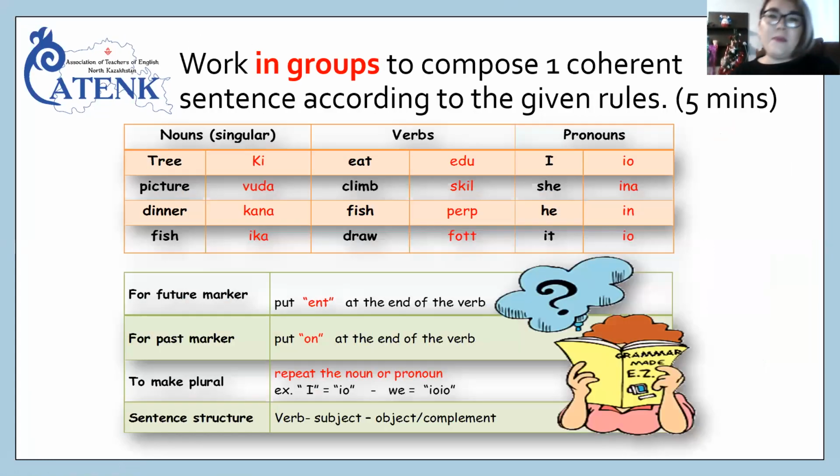Okay, so let's look at this example. What do you think? So remember this first slide. Looking at this slide, was I trying to do noticing here with you, or was it just a mechanical drill? So when your students look at this, imagine you're a student. Do you think it will be easy for you to understand grammar rules looking at this table?